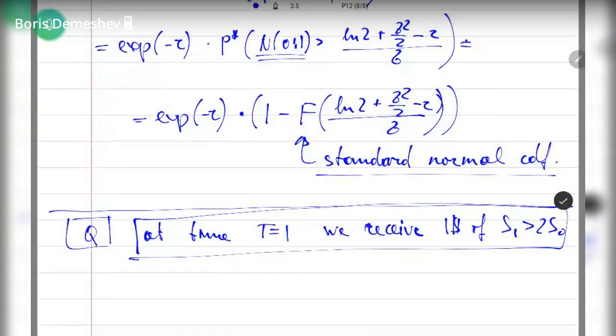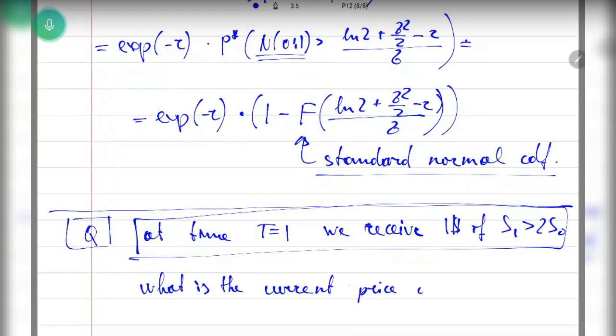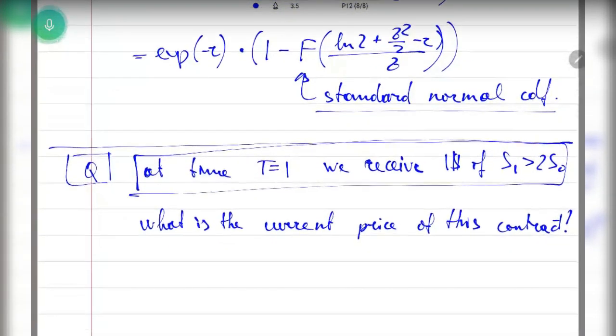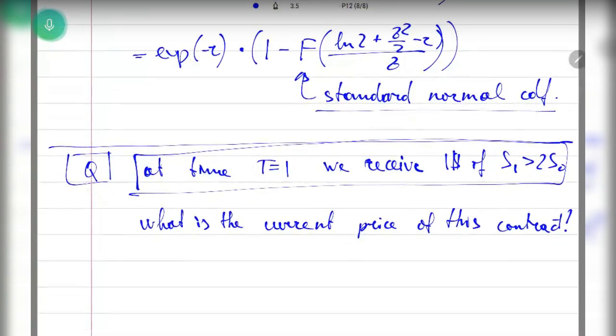We have a payoff in the future. What is the current price of this contract? So how much should I pay if someone credibly says, oh, I will pay you $1 if S1 is very big compared to S0?